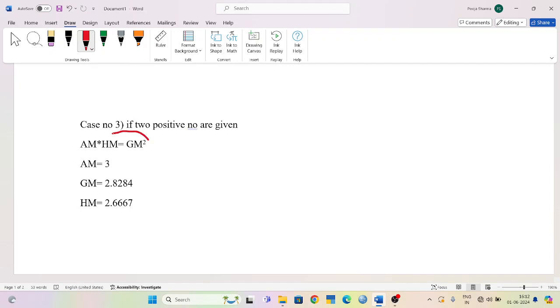Then we can prove that if two positive numbers are given, then AM into HM is equal to GM square. AM into HM, the value of AM is 3 multiplied by HM 2.6667.